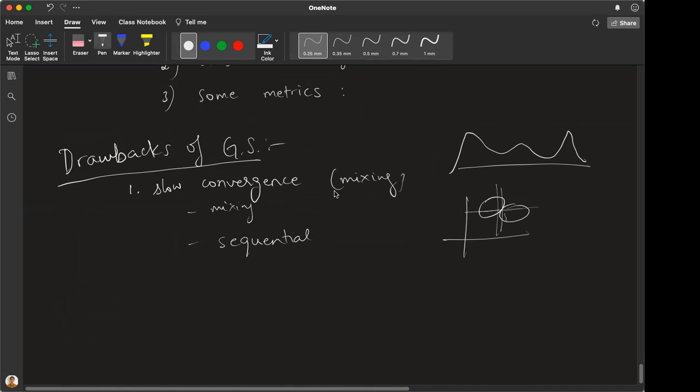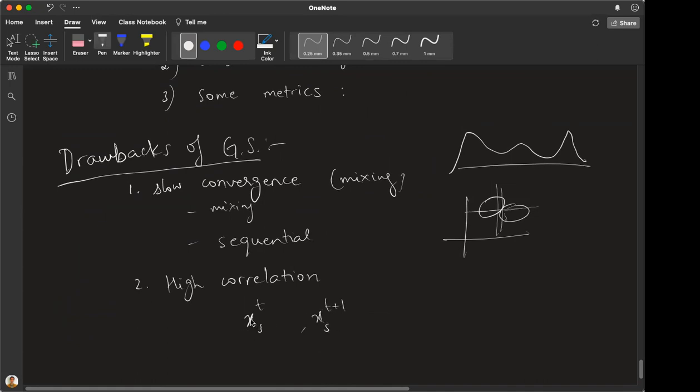But one very important drawback is that it has high correlation. What does that mean? It's a very important term to understand. Let's say you have a sample X at some time t, and then a sample X at time t plus 1.